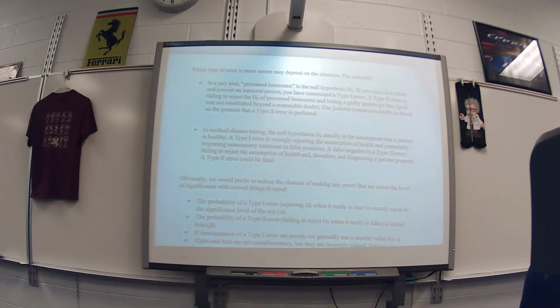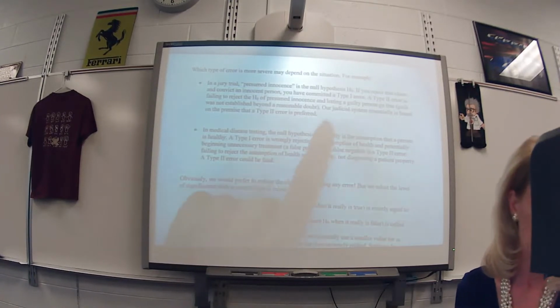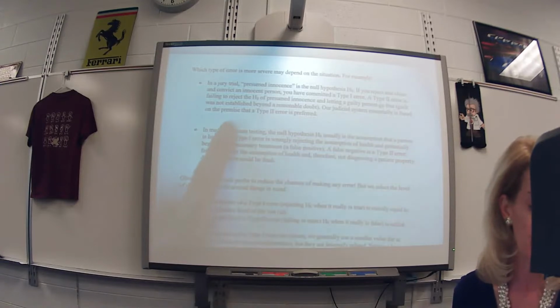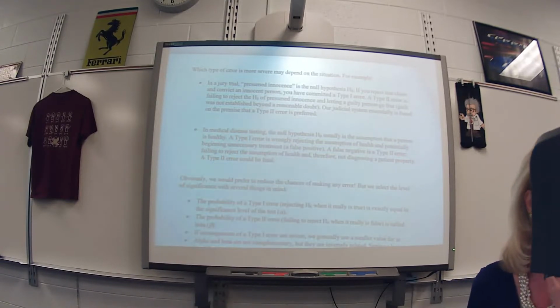Okay, that's how our judicial system is, that's the foundation. That's why we start with the presumption of innocence, and the whole burden of proof is on the prosecution to establish why they should be considered guilty. Okay? Our judicial system essentially is based on the premise that a type 2 error is preferred.